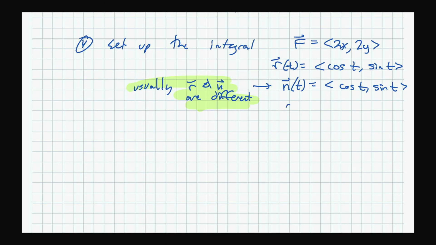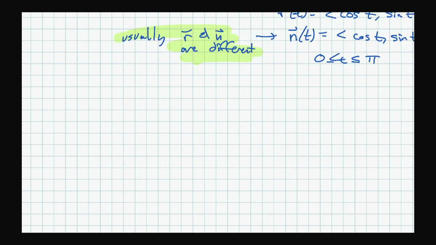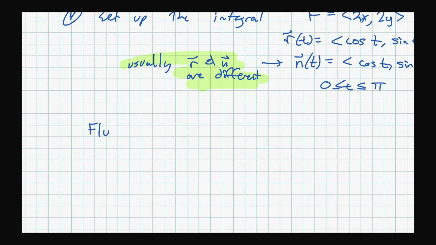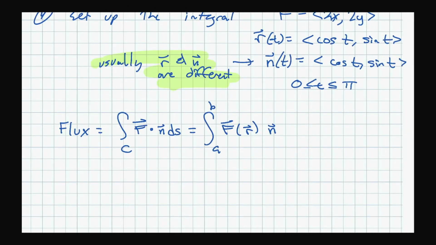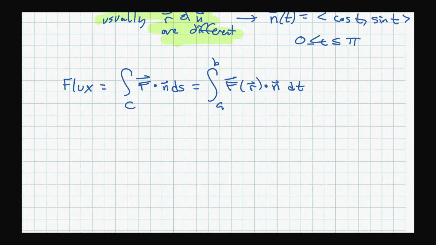But that's not a usual situation. Of course, we know the values for t are 0 and pi. So that's everything you need to set up your integral. The integral for flux is the integral over C of f dot n ds, but for us, that's the integral from a to b of f, where you plug in your r, dot n, dt.